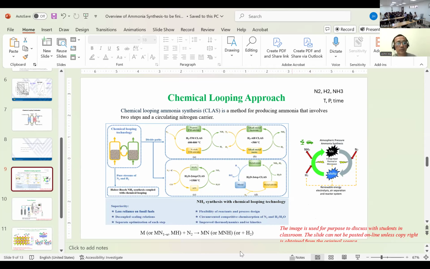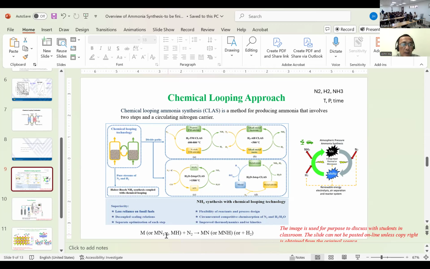In chemical looping, there is some methodology to produce ammonia through a chemical chain method. I think I heard about that method long back. You heard the method. Thank you. Yeah, so it's the same as the oxygen carrier. You need what you call a nitrogen carrier. That's why this equation is on the bottom.